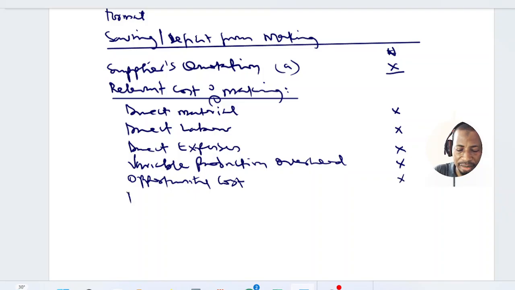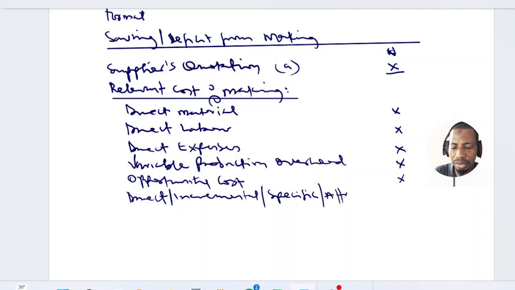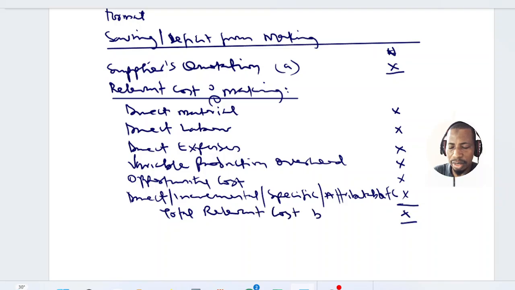You may have direct slash incremental slash specific slash attributable fixed costs, you post. Any other relevant fixed costs, just add everything together. So this will give you the total relevant cost. Here is B.